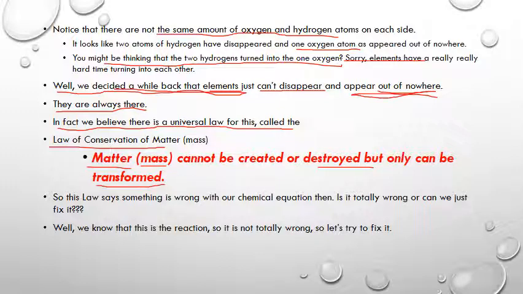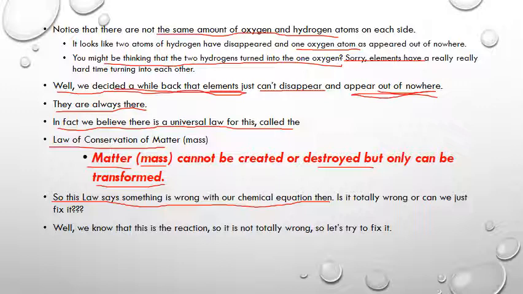So you just can't create oxygens and hydrogens or destroy them in midair like Harry Potter and magic. It's not like that. They used to think that. I mean, 250 years ago, even 100 years ago, they used to think that these kinds of things would happen. So this law says something is wrong with our chemical equation.